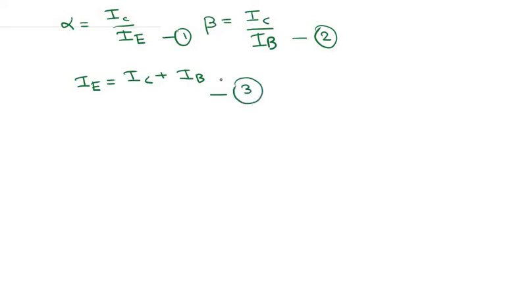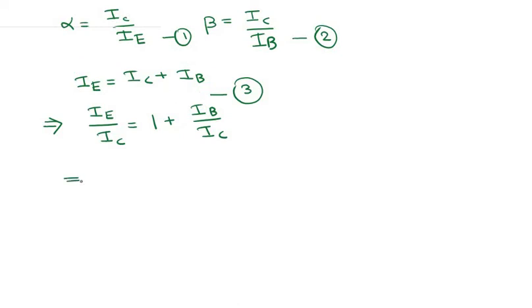So beta is basically IC divided by IB. Let me write it here. I divide both the sides by IC. So IE divided by IC is equal to 1 plus IB divided by IC. I divide both the sides of this equation, equation number 3, by IC.